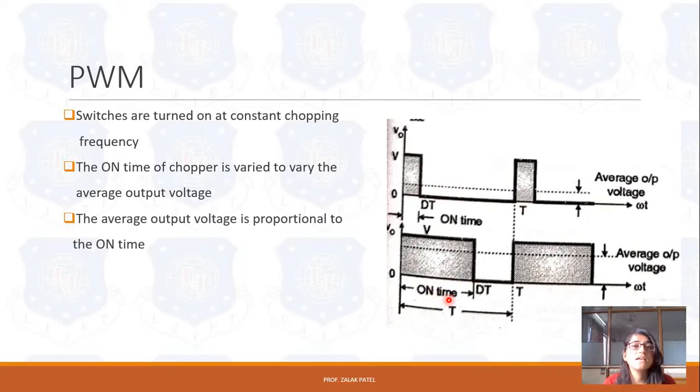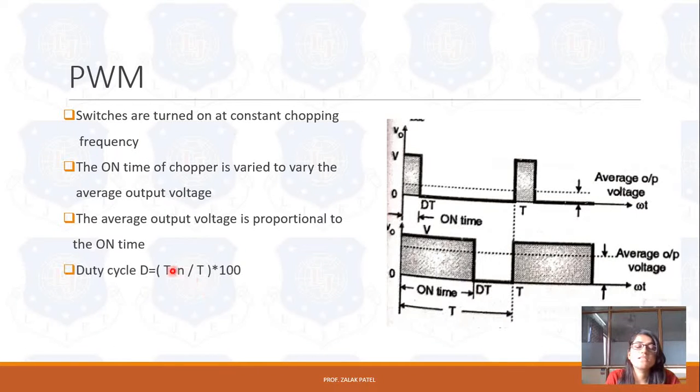Now the duty cycle depends on the on time, meaning how much time the device is on with respect to the total time. Basically the duty cycle is on time divided by the total time. That's why it is written that the average output voltage is proportional to T on divided by the total time.